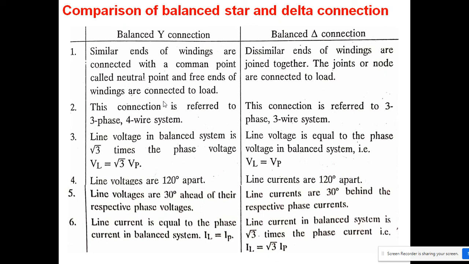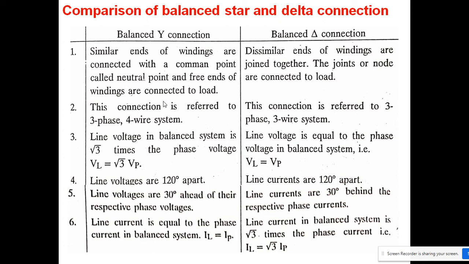Line voltage in a balanced star system is root three times the phase voltage, and the line voltage is equal to the phase voltage in a balanced delta connection. The line voltages are 120 degrees apart here, and in the delta connection the line currents are 120 degrees apart.